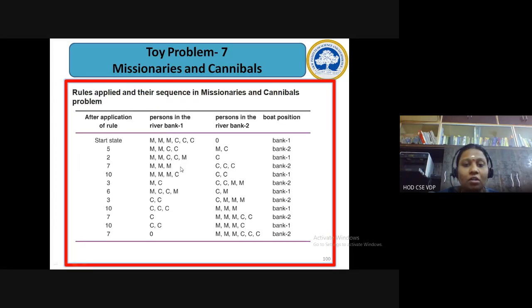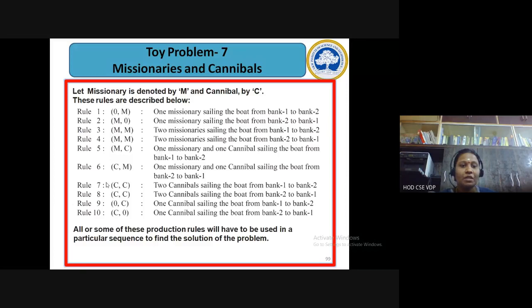Then moving on, you can try your own combination for moving all the 3 missionaries and 3 cannibals from one bank to the other bank, using all possible combinations of rules. See here, 2 cannibals traveling together, every possible combination is listed: 2 missionaries going together, 1 missionary traveling back, and then 1 cannibal traveling back.